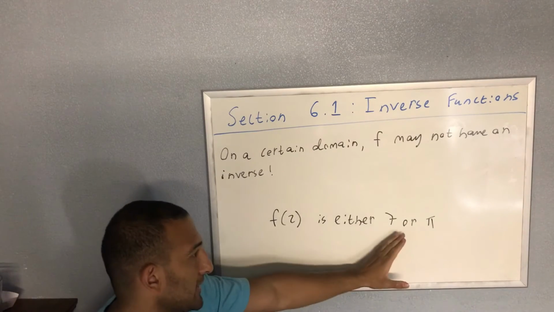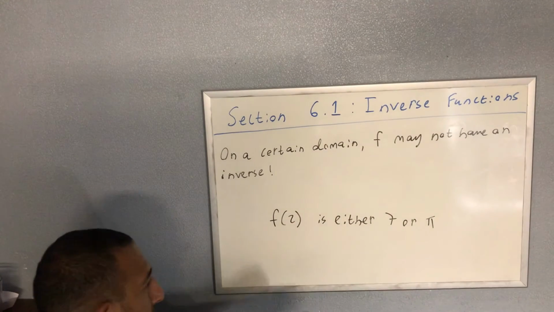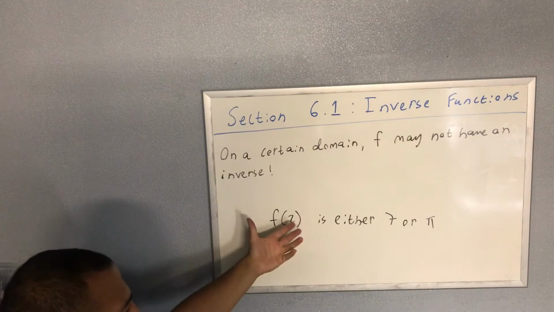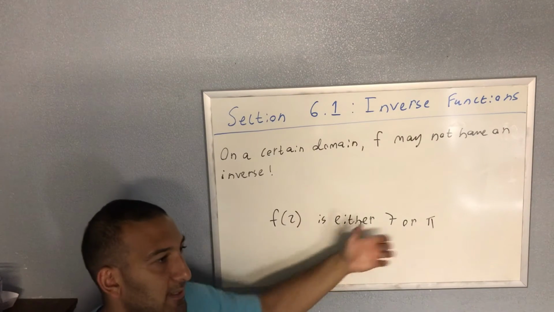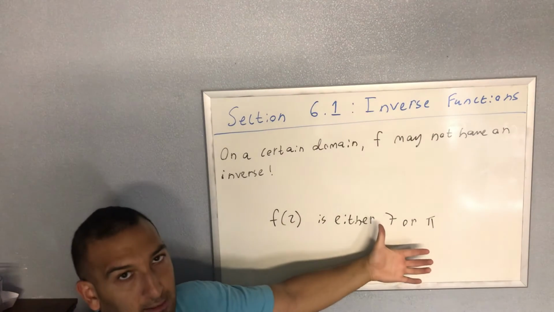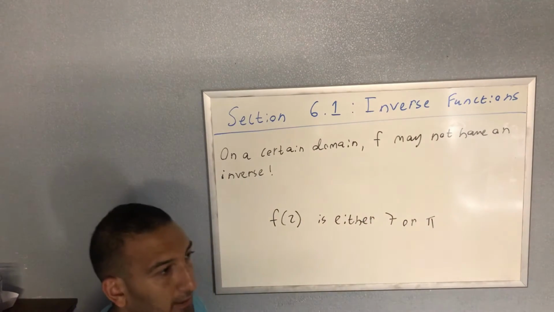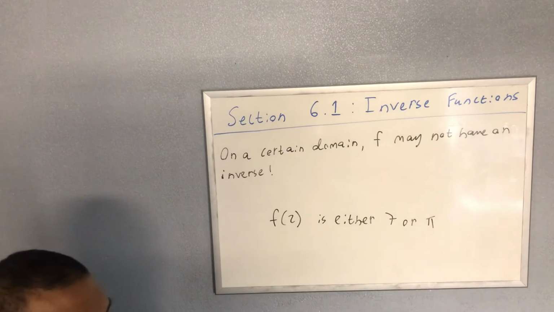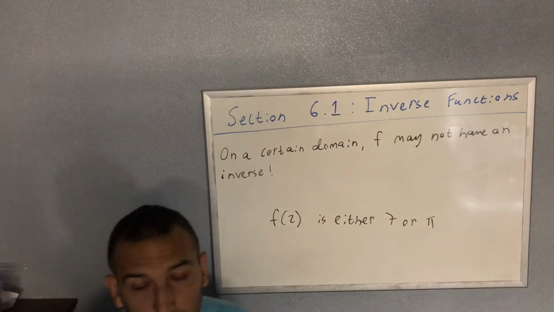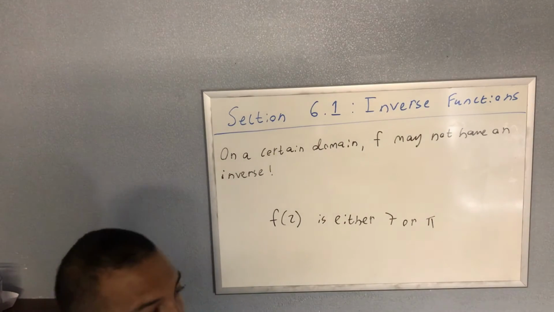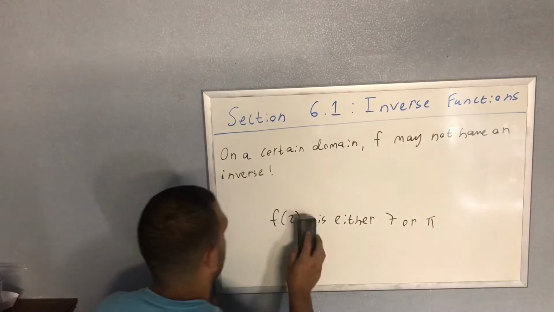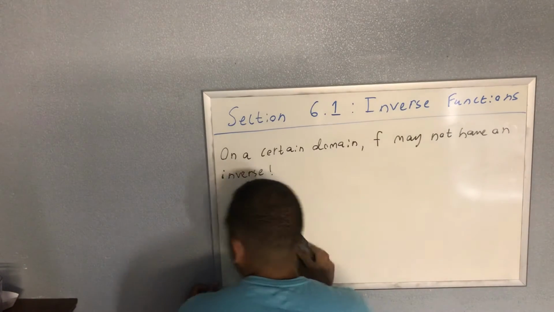Either it should always be 7 or it should be pi. If you stick 2 into your function and it's sometimes 7 and sometimes pi, that's not good, because I don't know what it is. I need it to be one clear thing. And with inverse functions, this problem can happen very badly.